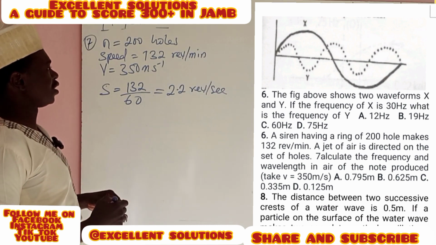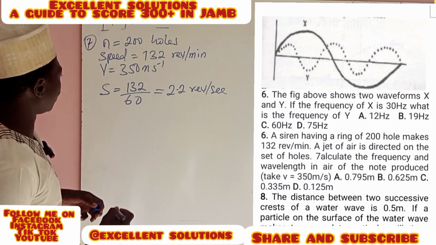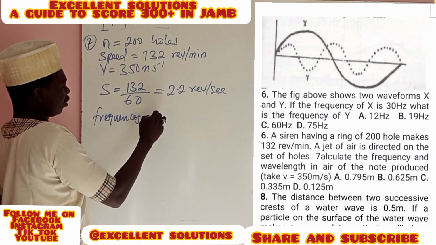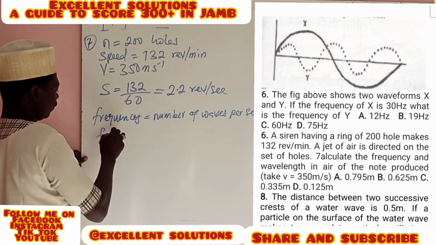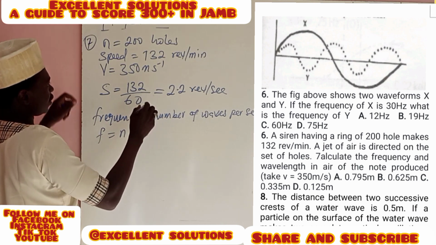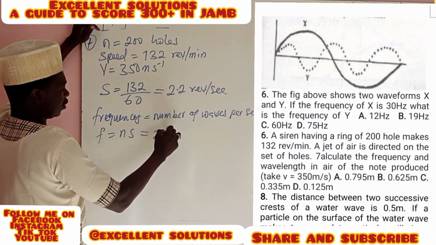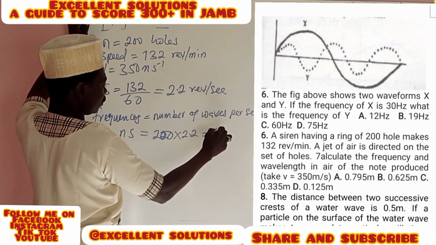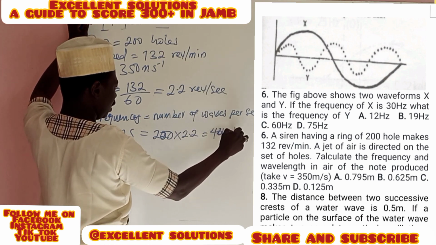Frequency is the number of waves per second, so F equals N times S, which is 200 times 2.2, and this gives us 440 Hz.